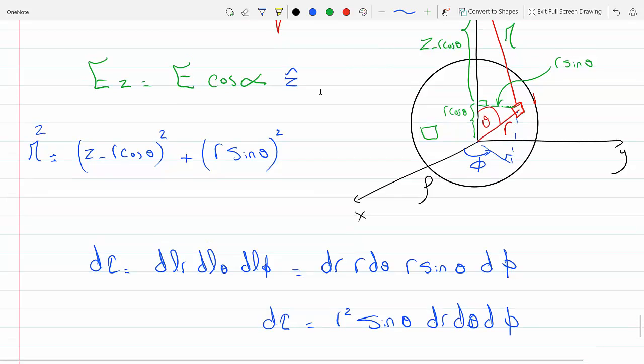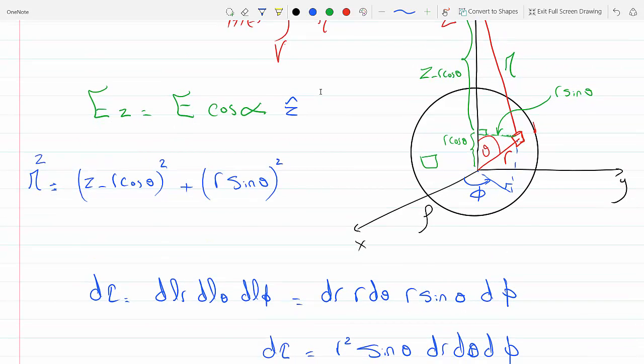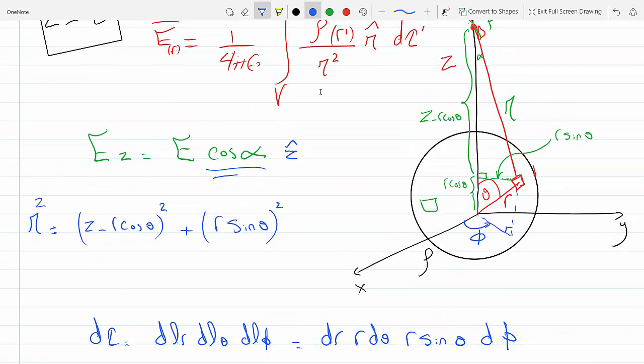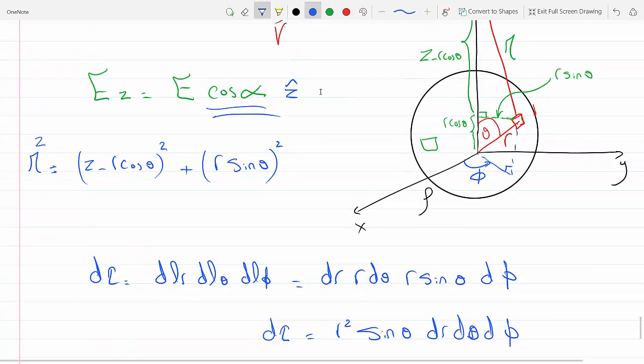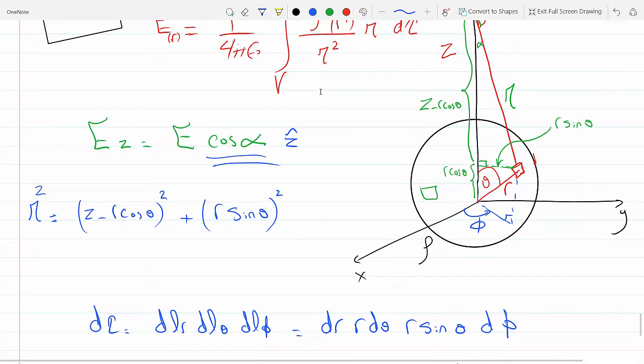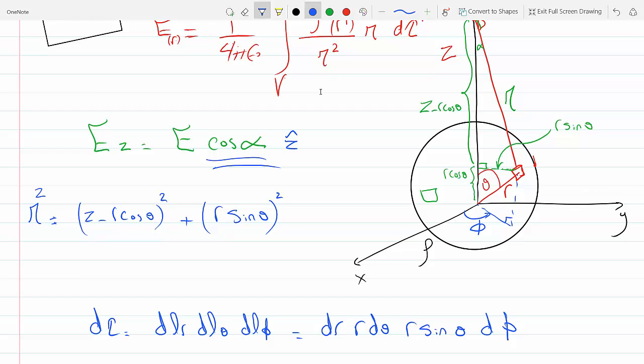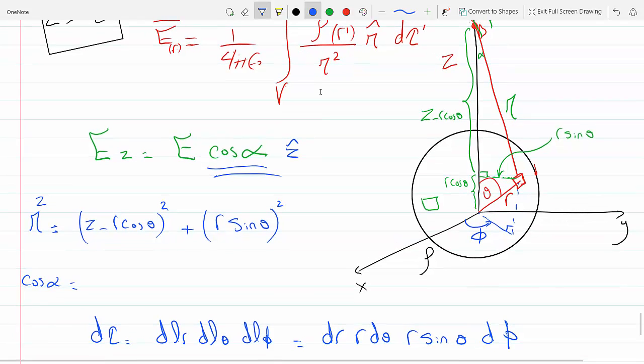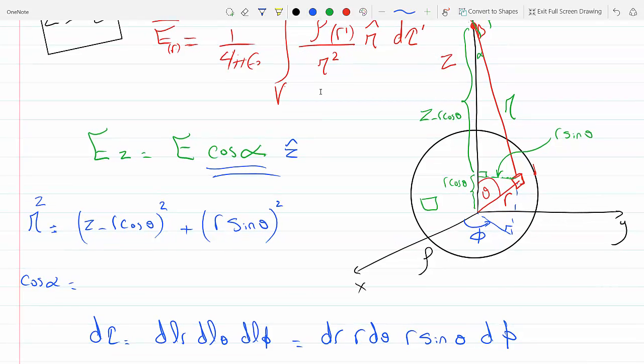Oh, and one last thing. Cosine alpha, this guy here, we can find it from the triangle. You see how I always try to plug them in terms of the variables of integration.